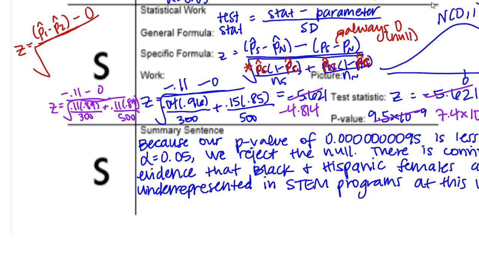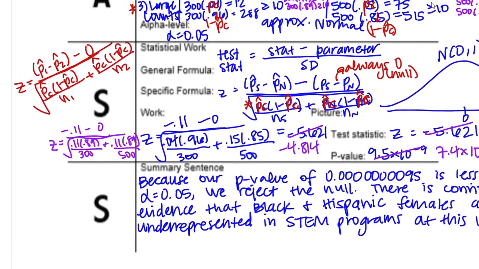And then on the bottom, we have the square root of p hat c, 1 minus p hat c over n1 plus p hat c, 1 minus p hat c over n2.